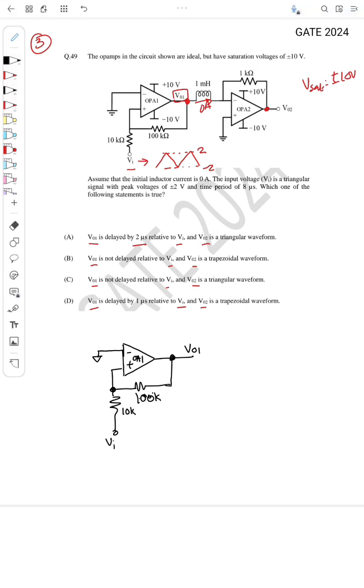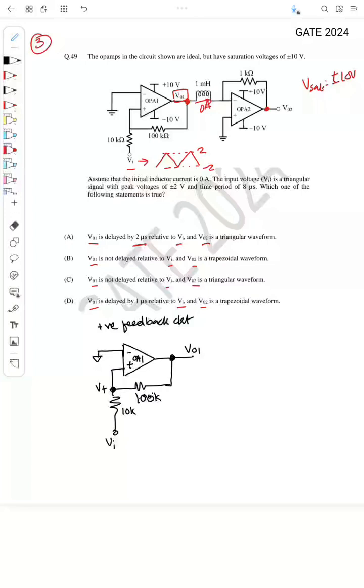So this is a positive feedback, right? It's a positive feedback circuit. Why? Because the output voltage is fed to the V plus terminal, the non-inverting terminal of OA1.